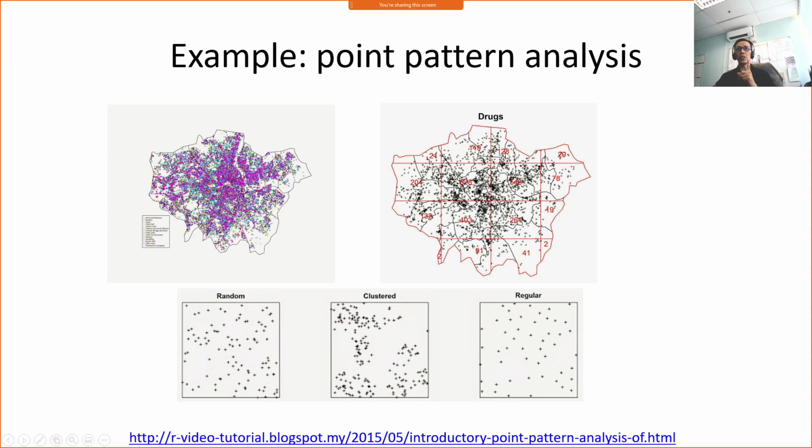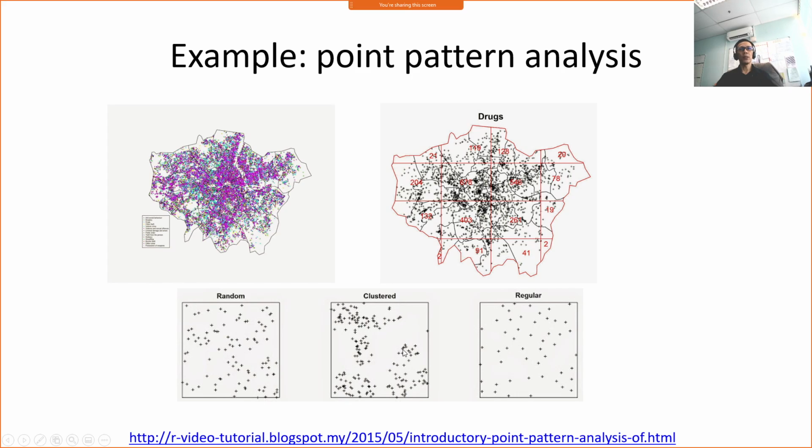So that's maybe one question. Is there clustering in drug use in this area? So that's what you want to know. So yes, number one, it can be evidence of clustering of drug use.